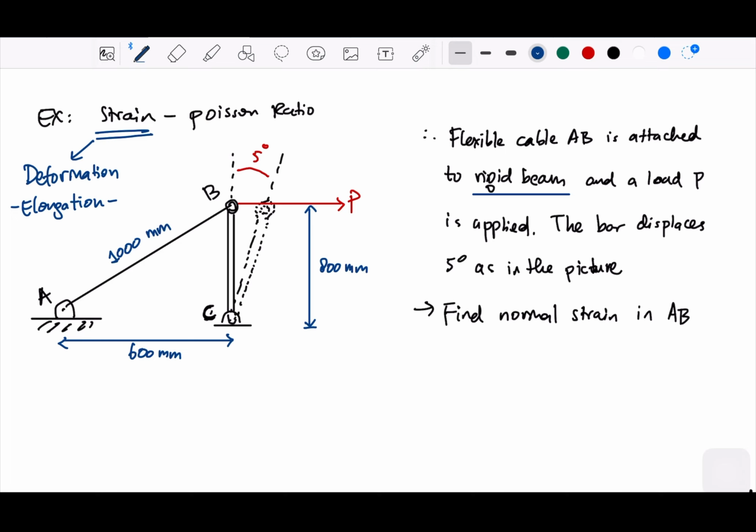So imagine you pull this cable. The cable will stretch. And the question is asking the strain for this cable AB, the normal strain, which means we need to find the strain that is applied in the axis. Okay.